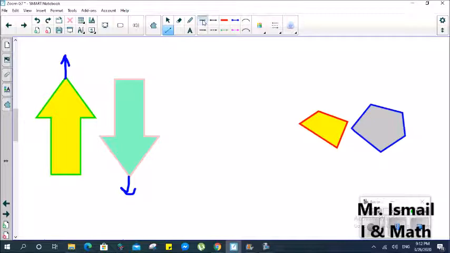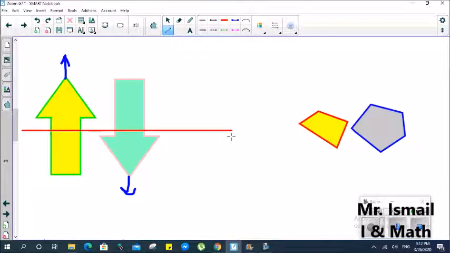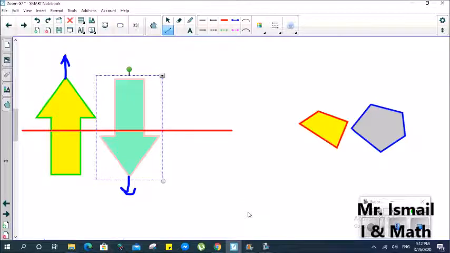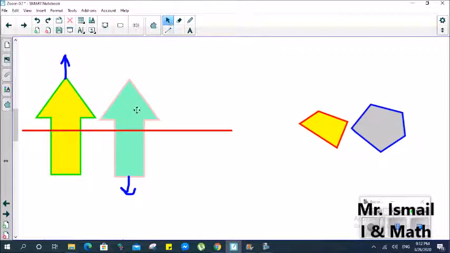So let's rotate it. Sorry, reflect. Up, down. You see? Now move this one, and now they are matching.